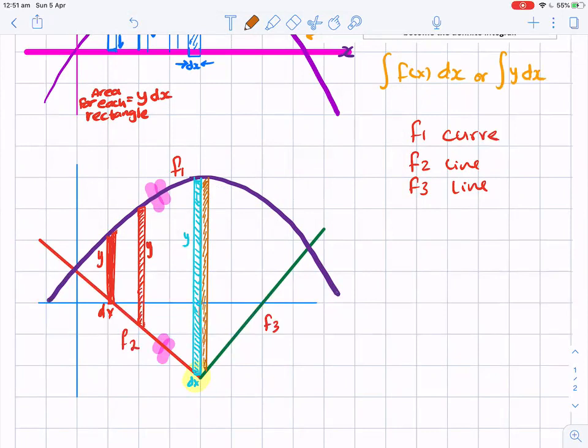Both of them have the same coordinates anyway. But what I want to say is when you integrate, you need to use a different function after that point because you're dealing with two different functions basically.